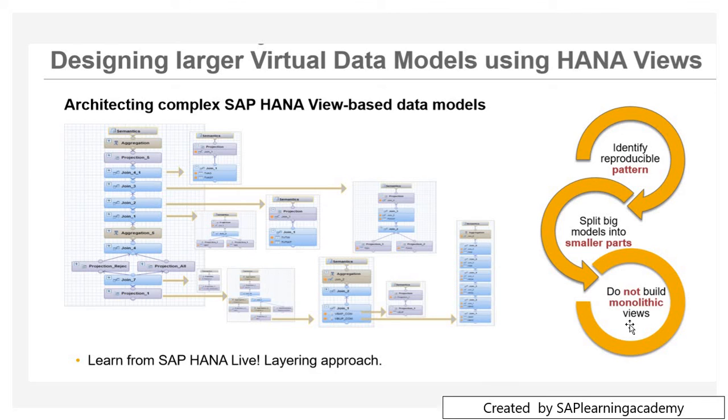You should make the reproducible pattern. You should make the model a little bit smaller, I mean into parts, so that then you can merge all the parts into the bigger one. So that's how you have to make the CLV. So that's all about these best practices and tips and tricks in HANA modeling.